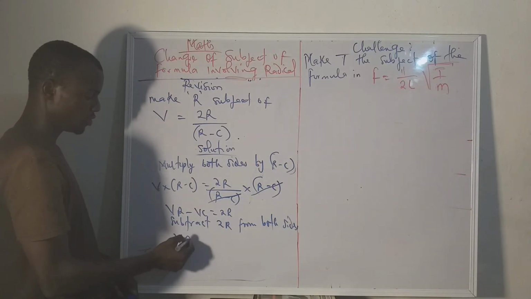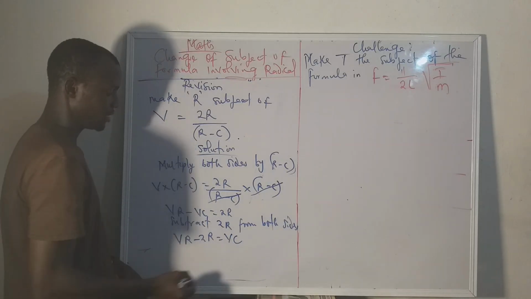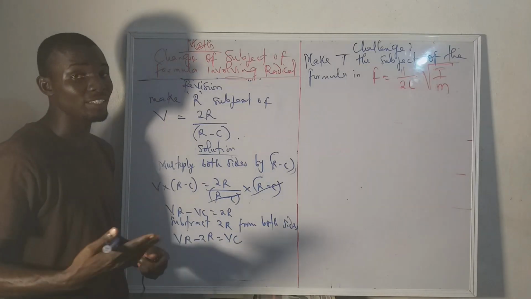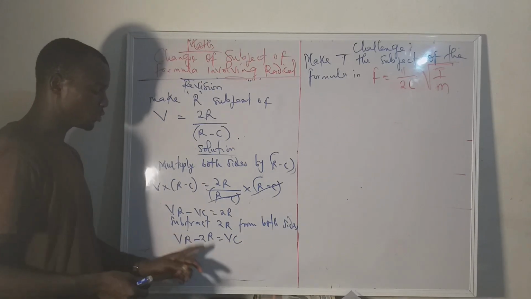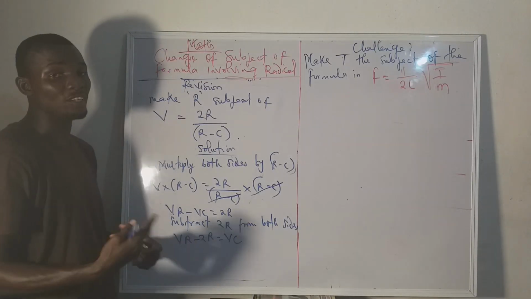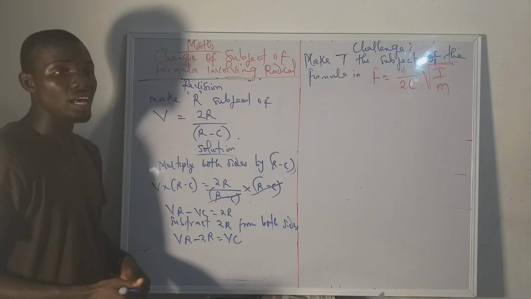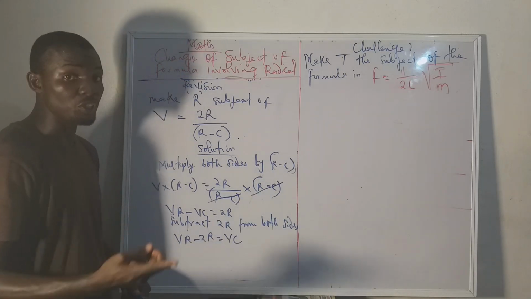So I'm going to say VR minus 2R equals VC. Actually, I carried out two operations. First of all, I subtracted 2R from both sides, and then I added VC to both sides, just like saying collecting like terms. So this one goes, this one comes like this, and the operation changes.